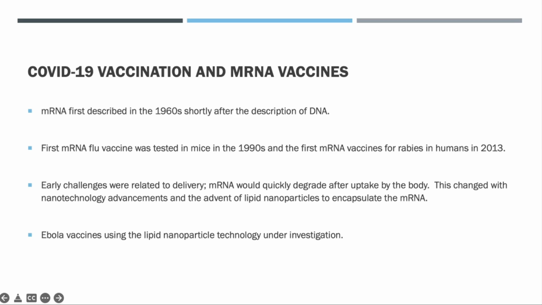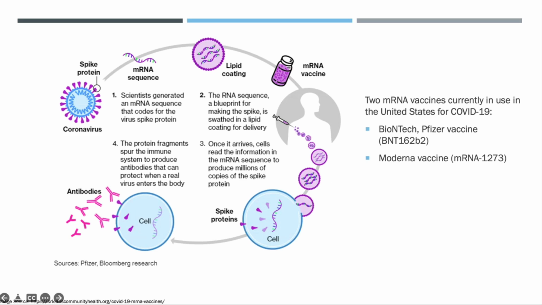I've got a little overview of the concept of how that works. Of course, we have the spike protein on the coronavirus that's used as our antigenic component for the vaccine. We actually use an mRNA sequence that codes for that spike protein. Production is scaled up and the mRNA is placed in that lipid coating, which is actually the basis for the vaccine.